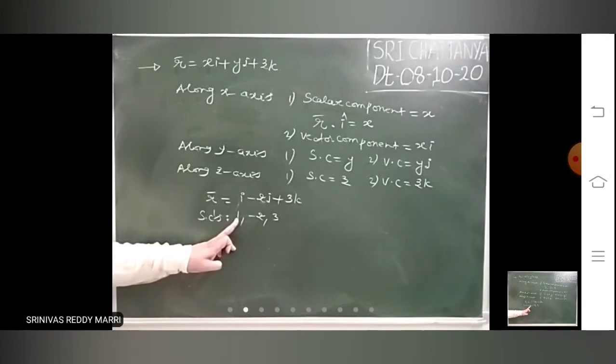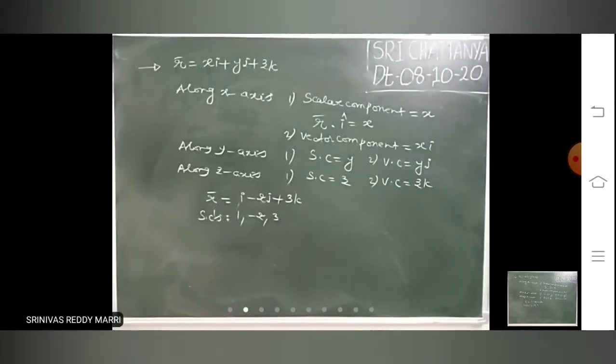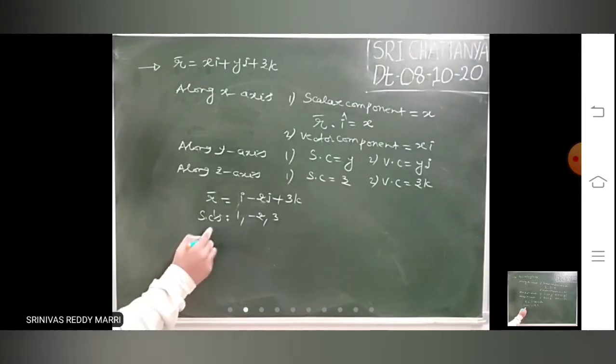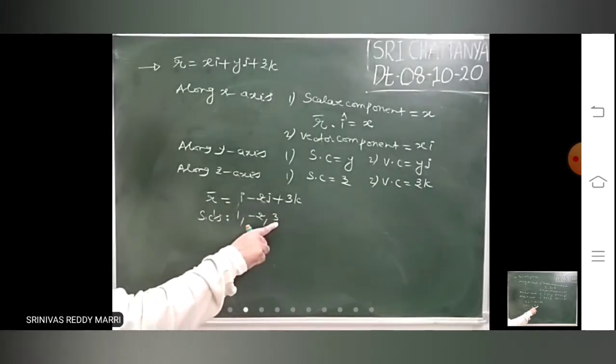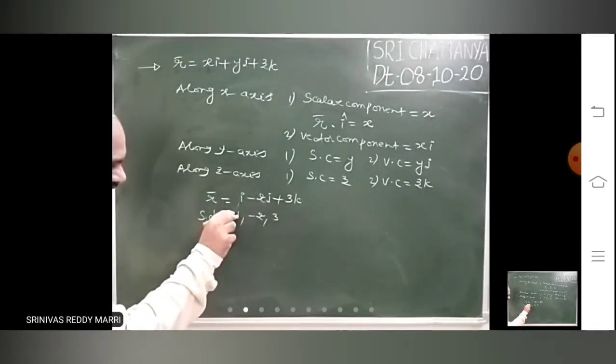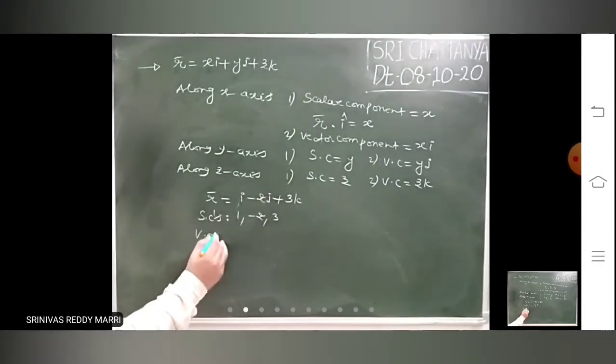Along x-axis 1, along y-axis minus 2, along z-axis 3. r bar dot i is what? 1. r bar dot j is what? Minus 2. r bar dot k is what? 3. Whatever you get, positive or negative, the same you write. Scalar component means with sign you have to write.